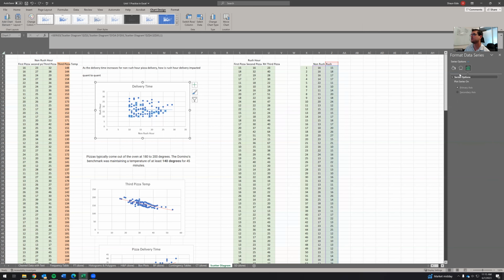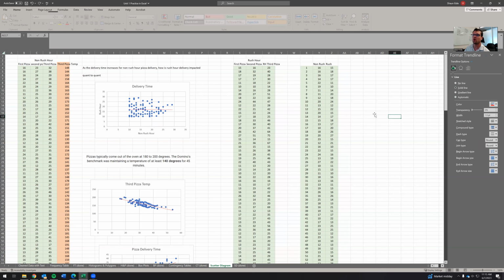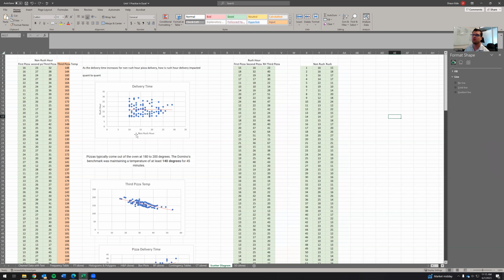You'll notice that this trend line right here is pretty much just going straight across. And when this trend line is going straight across, what that means is that it's pretty much unrelated, or uncorrelated. As one goes up, the other one doesn't go down or go up. They're just different. And so it doesn't really matter, because this is the first pizza. It has nothing to do with the fact that this is the first pizza of rush hour as compared to non-rush hour.